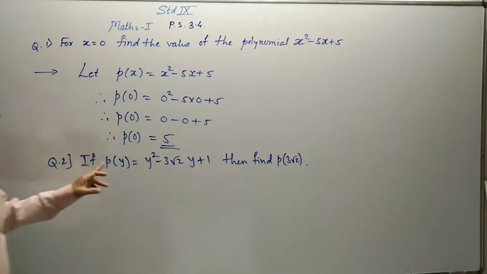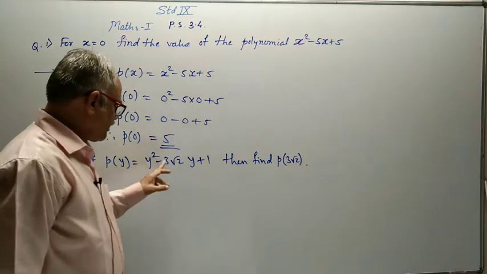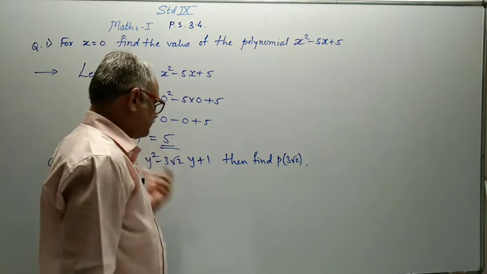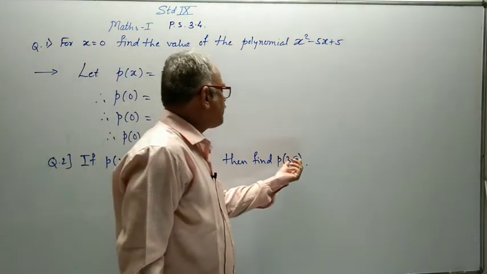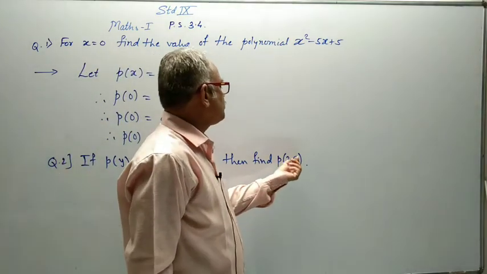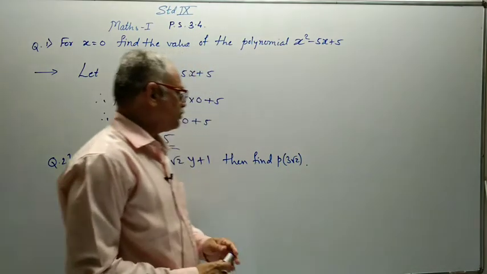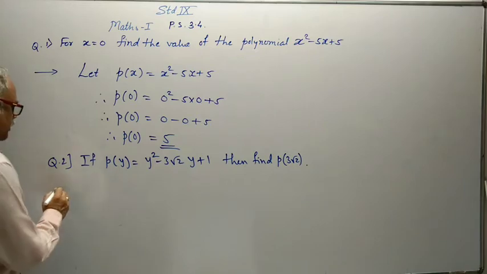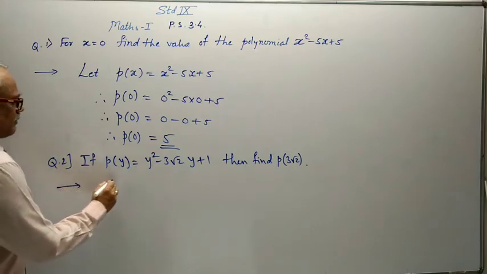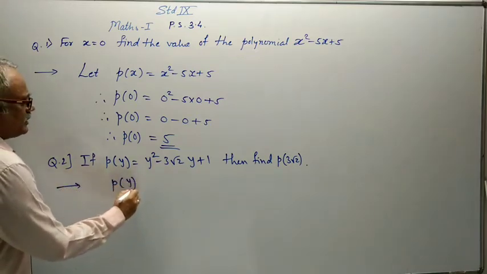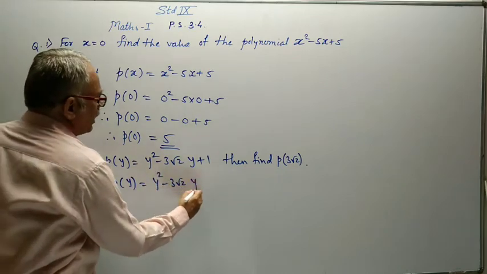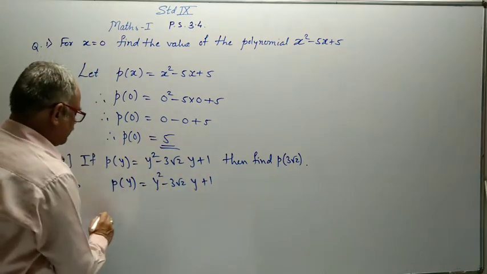The second question: P of y is y square minus 3 root 2 y plus 1. This is the given polynomial in y. I have to find its value when y is 3 root 2, that is P of 3 root 2. In place of y, write 3 root 2. The notation etc. is everything given by them. You only have to write it neatly. P of y is y square minus 3 root 2 y plus 1.